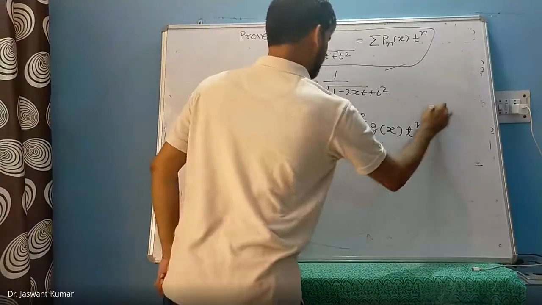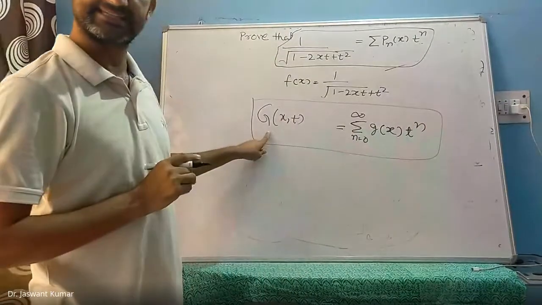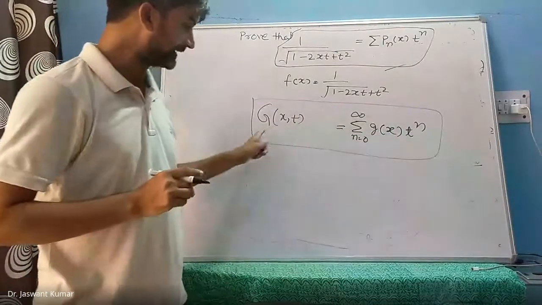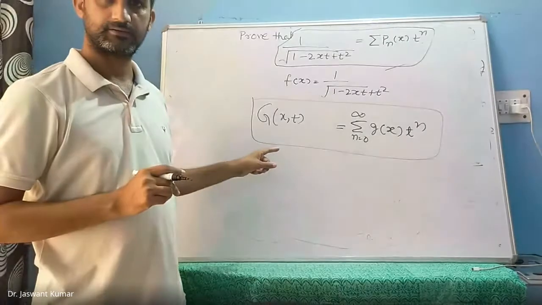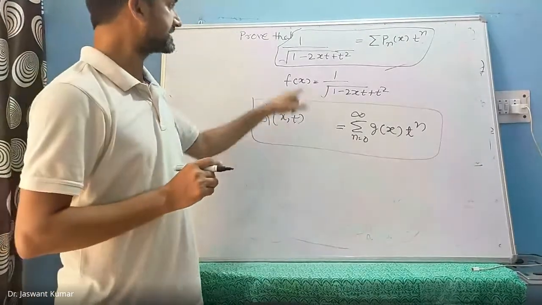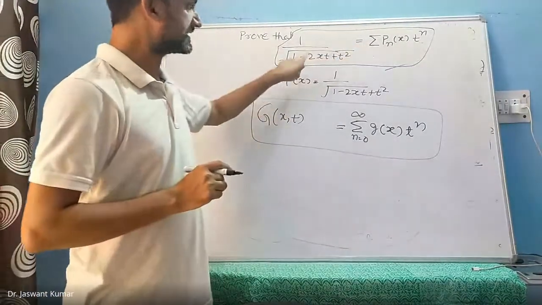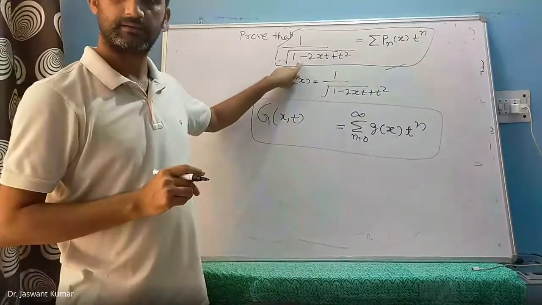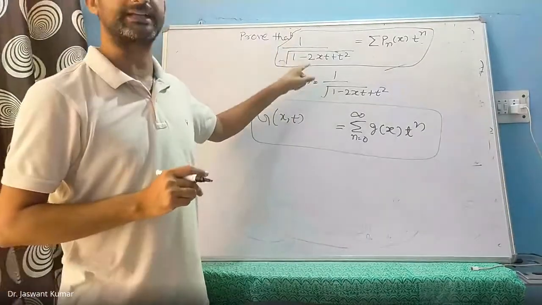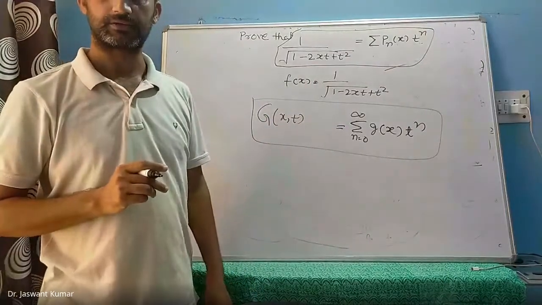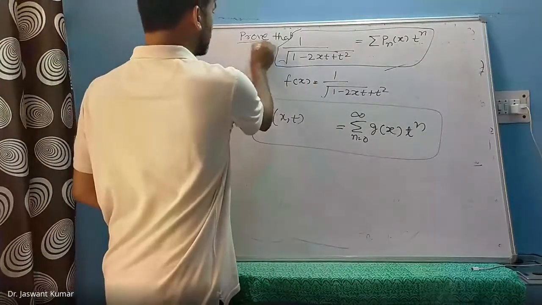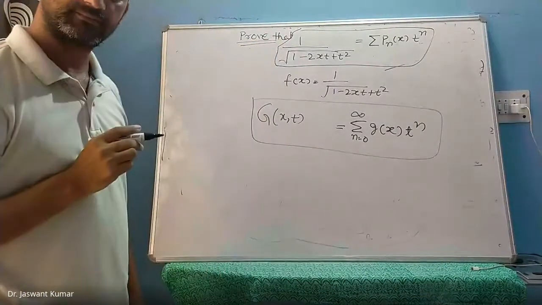If this capital G(x,t) can be written like this, then it is known as the generating function. So in this case, the generating function for this happens to be this. Whether this is true or not is what we are going to check. We are actually going to prove whether this is correct or not.